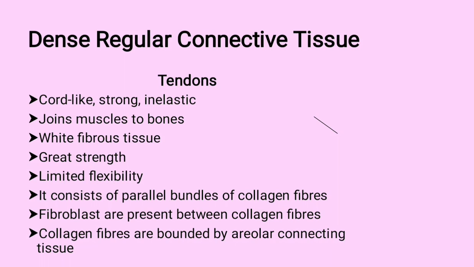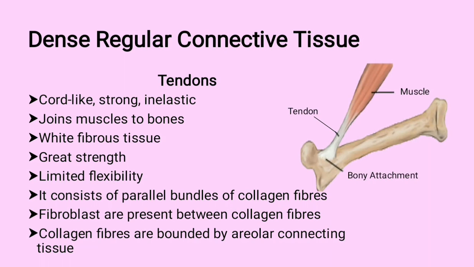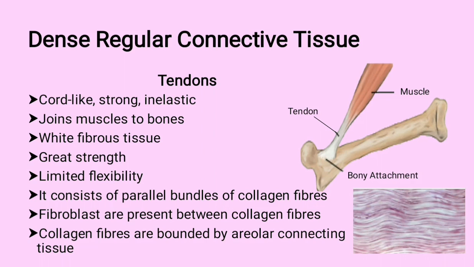These are cord-like, strong, inelastic structures that join skeletal muscles to bones. A tendon is a white fibrous tissue which has great strength but limited flexibility. It consists of parallel bundles of collagen fibers between which rows of fibroblasts, which are called tendinocytes, are present. Collagen fibers are bound by areolar connective tissue.